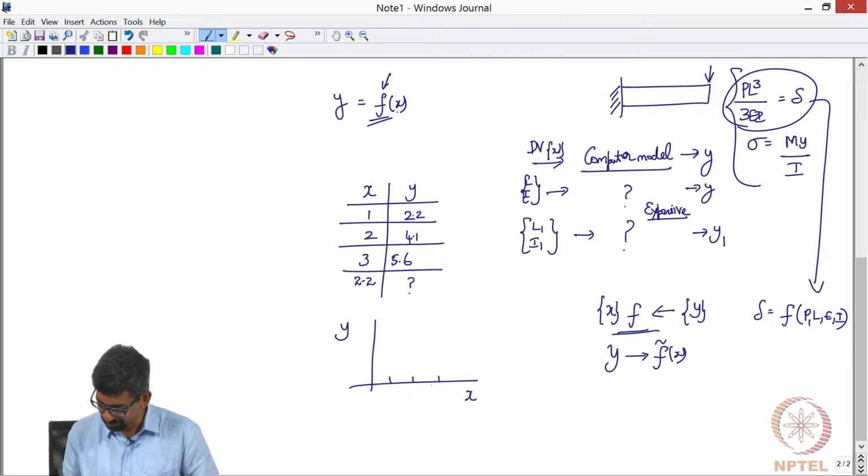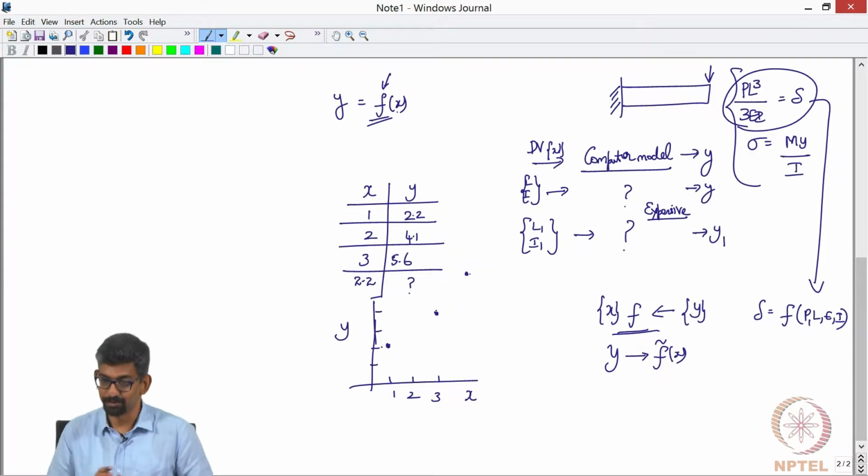The moment I say this, most of the people answer the question. So, 2.2 means it was somewhere here, then 4.1 is somewhere here, 5.6 will be somewhere here. This is the type of data that you have.